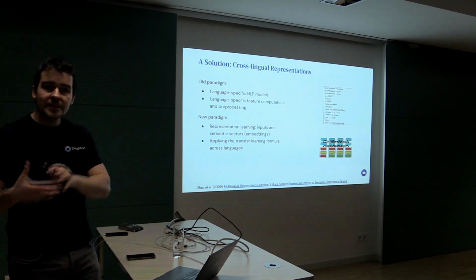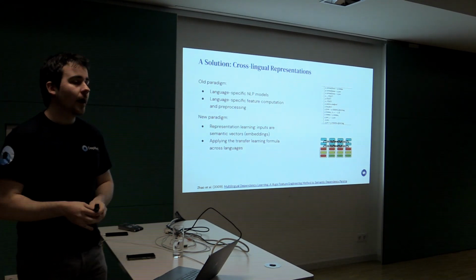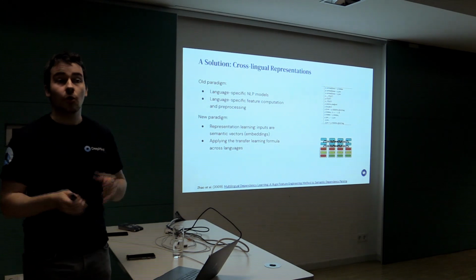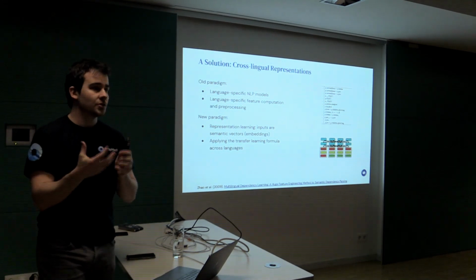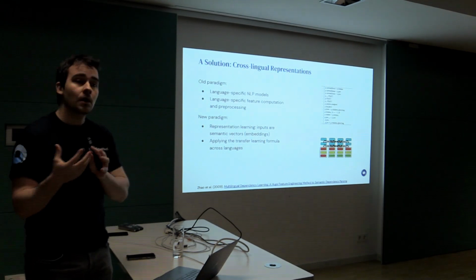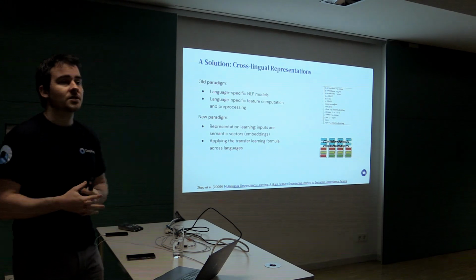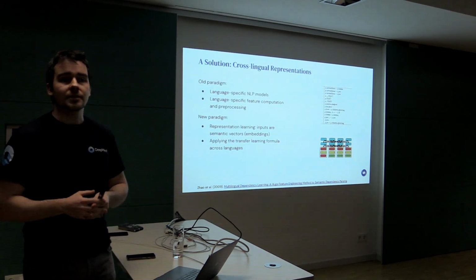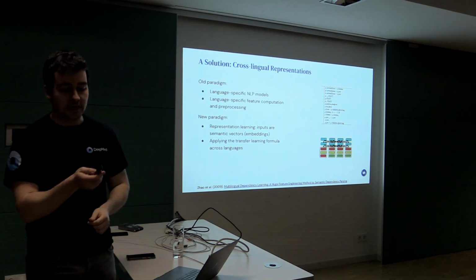Whereas these days, increasingly with deep neural networks, the alternative approach is to learn cross-lingual representations. So to learn representations that somehow represent the meaning in different languages in the same embedding space, and then use those for transfer, using this general transfer learning formula that has already been successful in the monolingual setting.